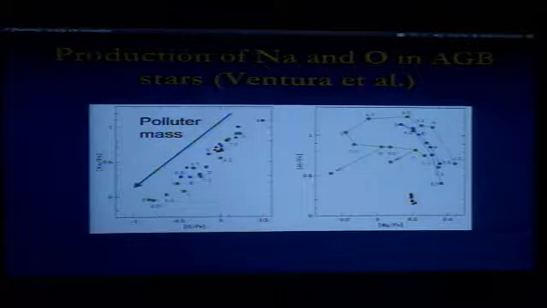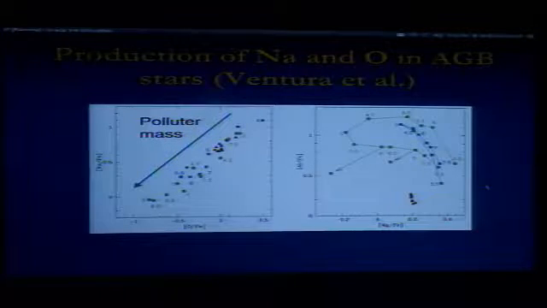You produce more sodium where you also produce more oxygen in the AGB stars. But there is a variation with the mass. If you take a 4 solar mass star, it gives higher sodium and oxygen. And if you take a 6 or 7 solar mass star, it gives a much lower production of sodium and actually a clear destruction of oxygen.